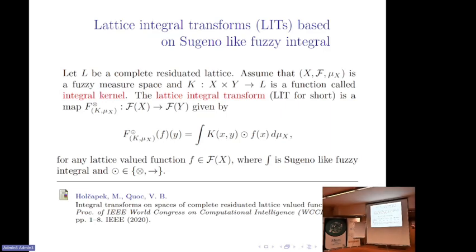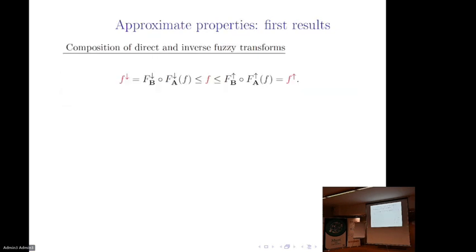And of course, we need to consider somehow the measures that are used to get nice results. What is interesting is how the composition of two fuzzy transforms can approximate the original function.